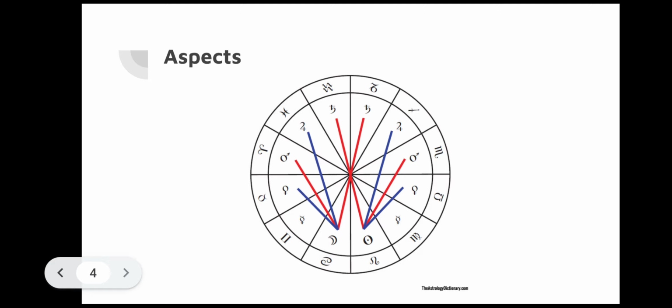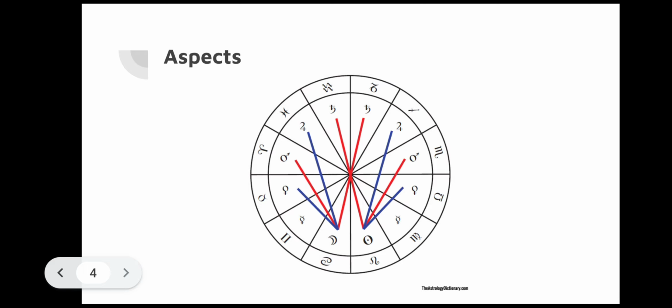So they have opposing views, and because of that, they think of things in opposite ways. Saturn might say we need to limit, we need to restrict, whereas the sun says no, we need to give it more energy, give it more life. And so that's the nature of an opposition.